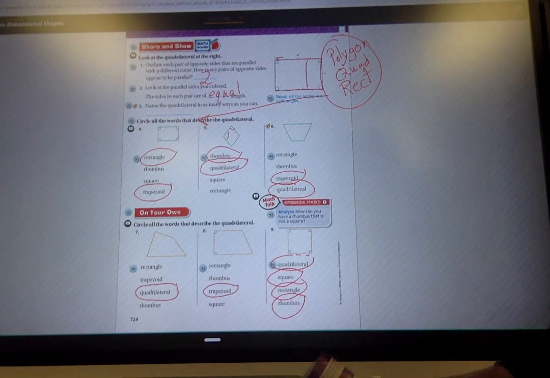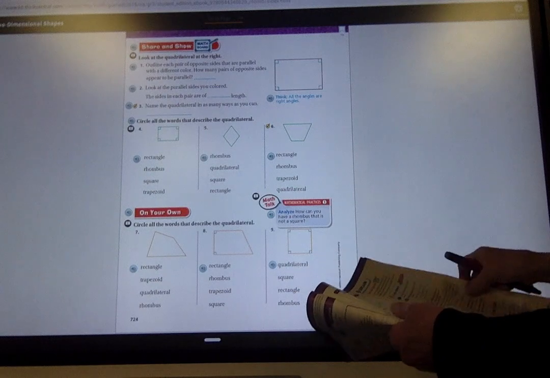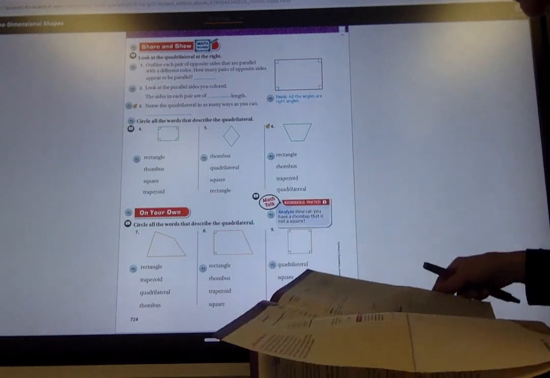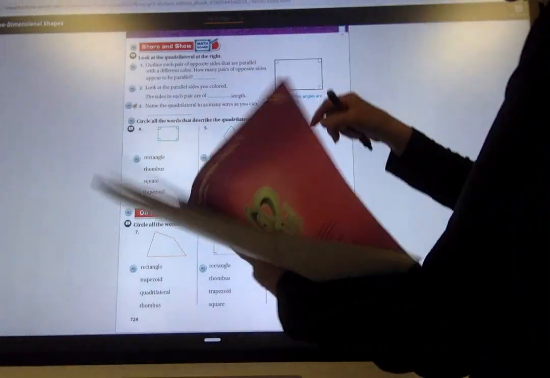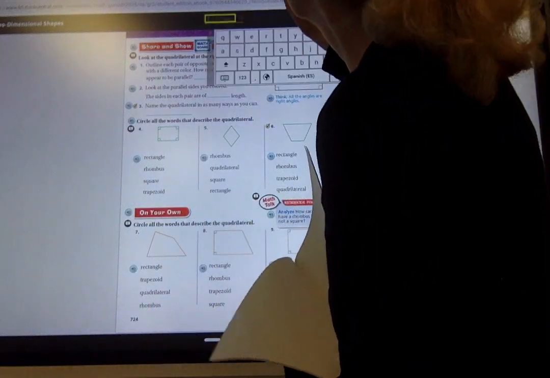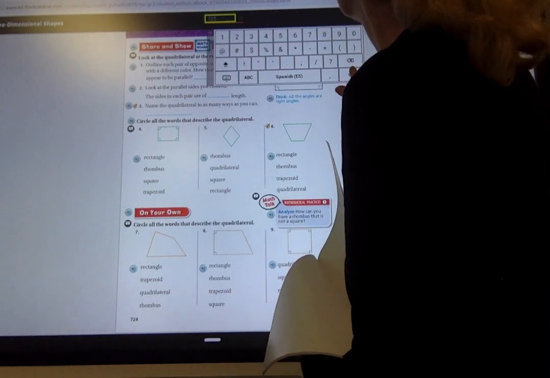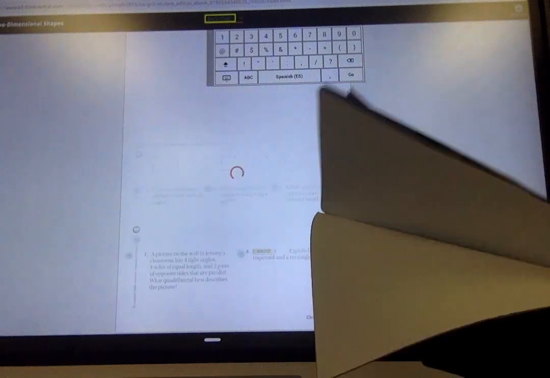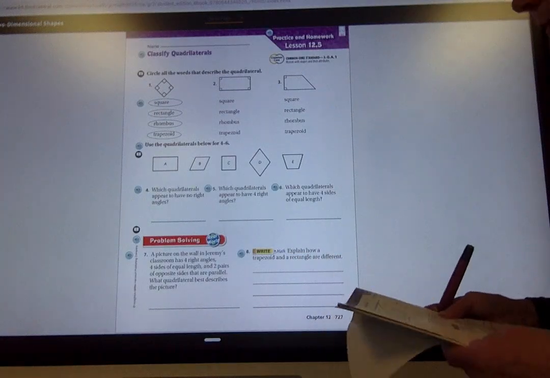Let's go on to our assignment now. Page 727. I'm going to give you some clues.